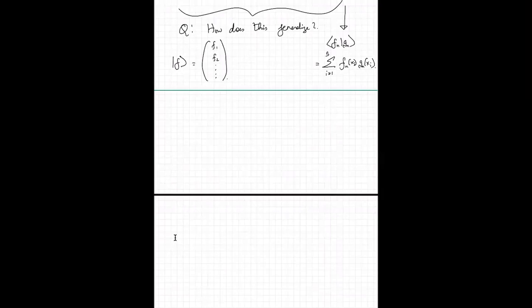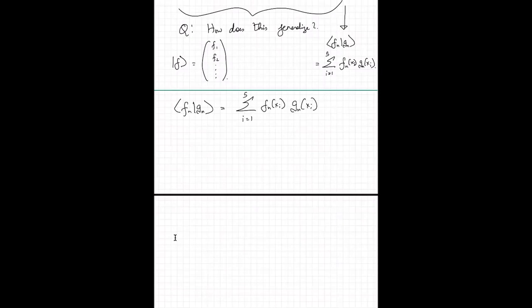So let us take this inner product to begin with: fn gn equals sum over i equals 1 to 5 of fn of xi, gn of xi.